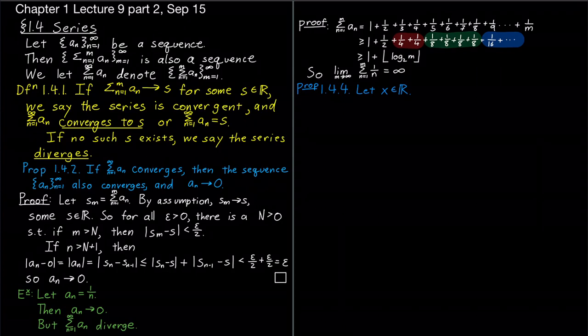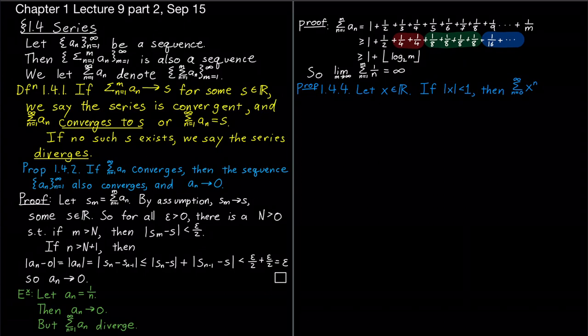Then if x is between -1 and 1, so if the absolute value of x is less than 1, then the following series, we start at x to the 0, which is 1, and by convention we're going to say 0 to the 0 is 1.